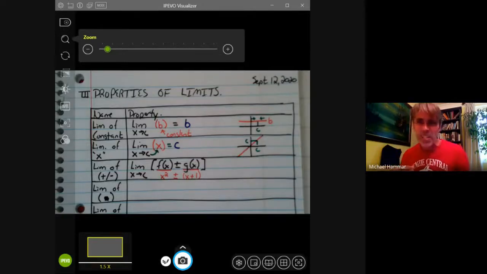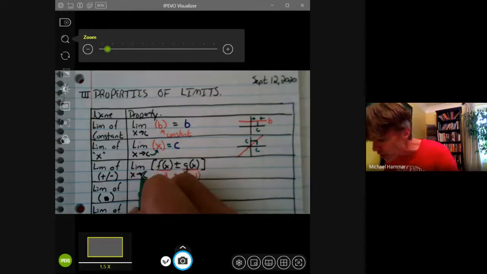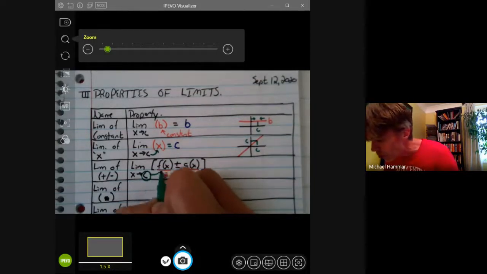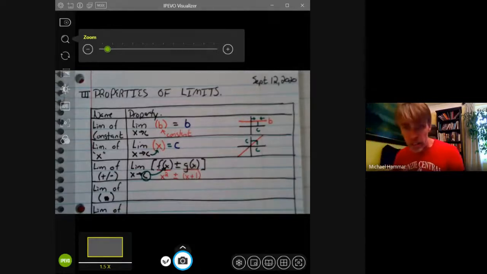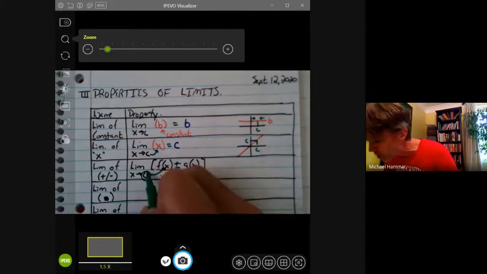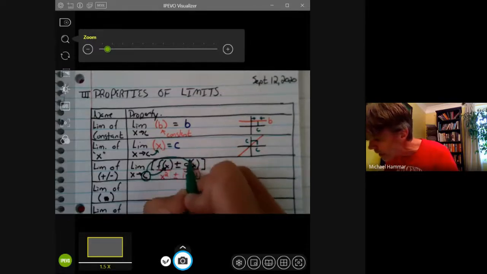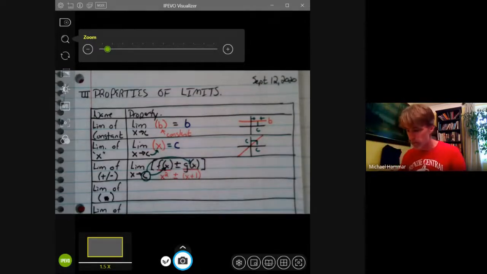Well, the easiest thing to do is treat them as separate pieces and substitute. We substitute c in for every x in f of x, and we substitute c into every x in g of x. So what is our answer going to be?